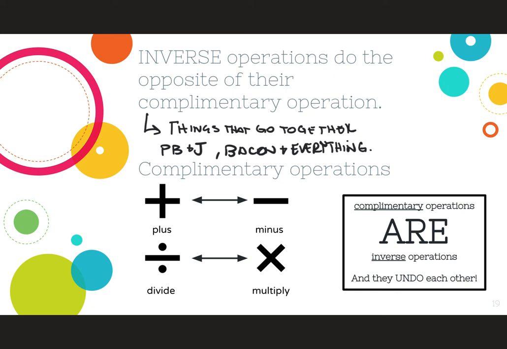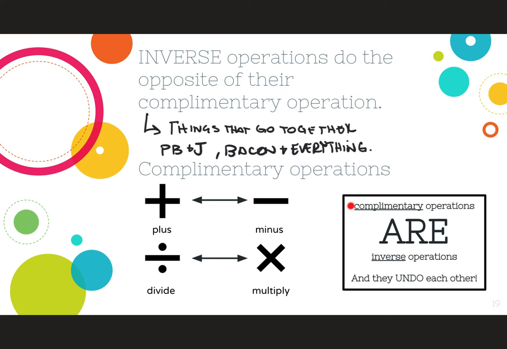They undo each other. Think about a computer, like when you make a mistake and you want to undo things. That's what inverse operations are. They undo their complements. So to undo a divide, you multiply by the same thing. To undo a multiply, you divide.